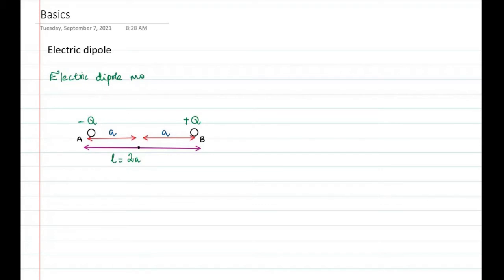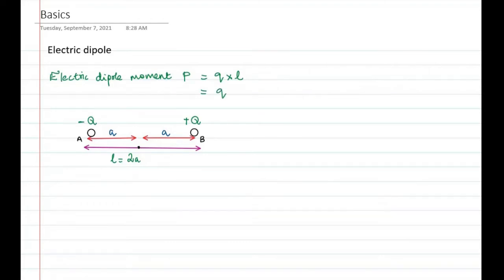The electric dipole moment gives the strength of the electric field produced by the electric dipole. The electric dipole moment is denoted by the letter P, which is equal to Q into the length, where Q is the charge and L is the length between the two charges.